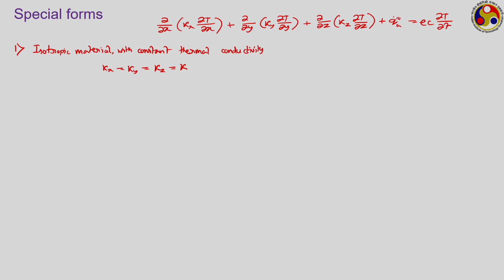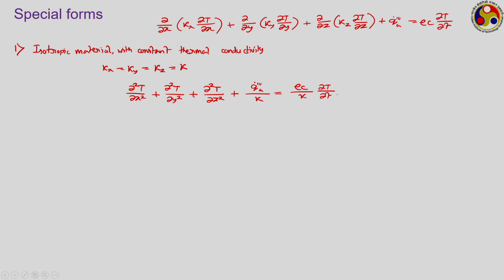Now, we are talking about an isotropic material, and k has no direction dependency and is constant, so we can take k out. The equation now becomes ∂²T/∂x² plus ∂²T/∂y² plus ∂²T/∂z² plus q̇g‴/k equals ρc/k ∂T/∂t.